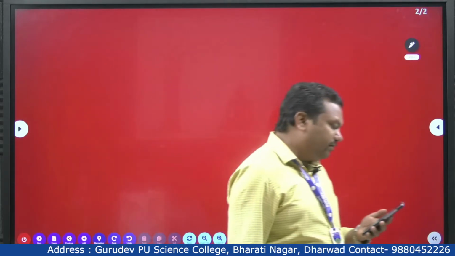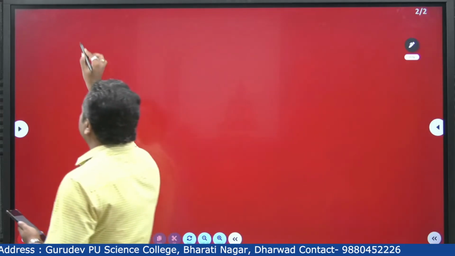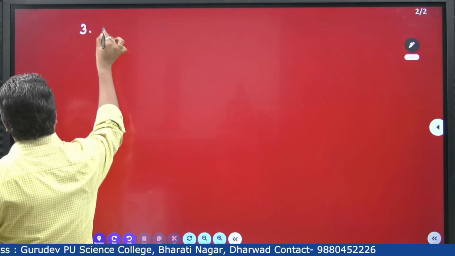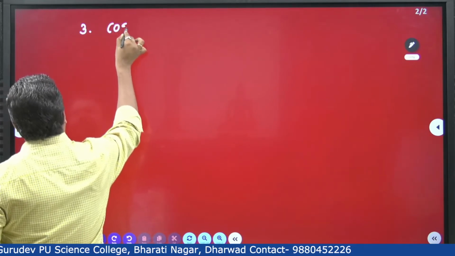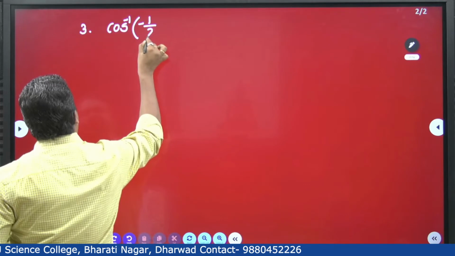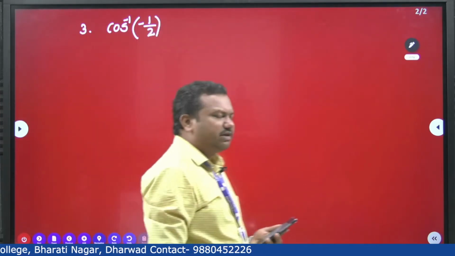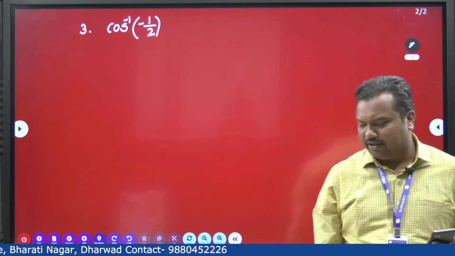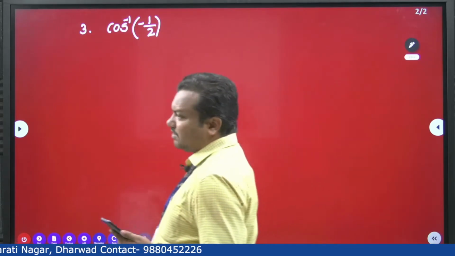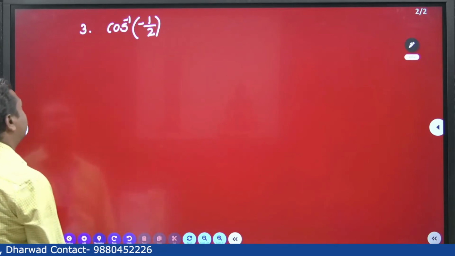Find the principal value of cos inverse of minus 1 by 2. The third question is on inverse trigonometric functions. We have studied a set of relations in inverse trigonometric functions regarding their domains and range, so surely we will get one question on that part.